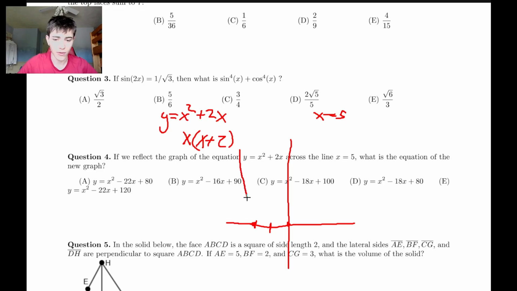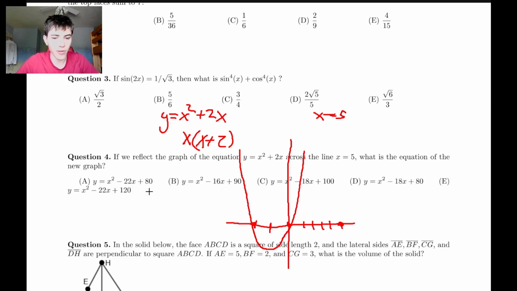So it looks like this, because that first term is positive, so we know we're opening up. And then we're reflecting about x equals 5. Okay, that's all good. And we want to know what the new graph will be.